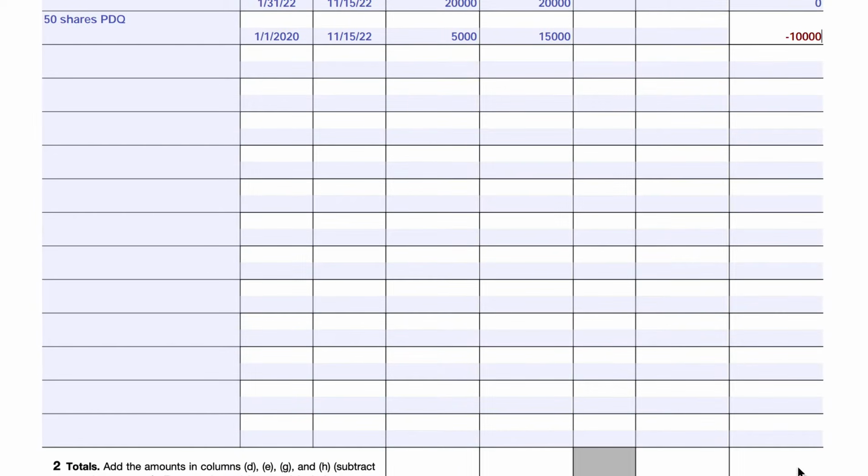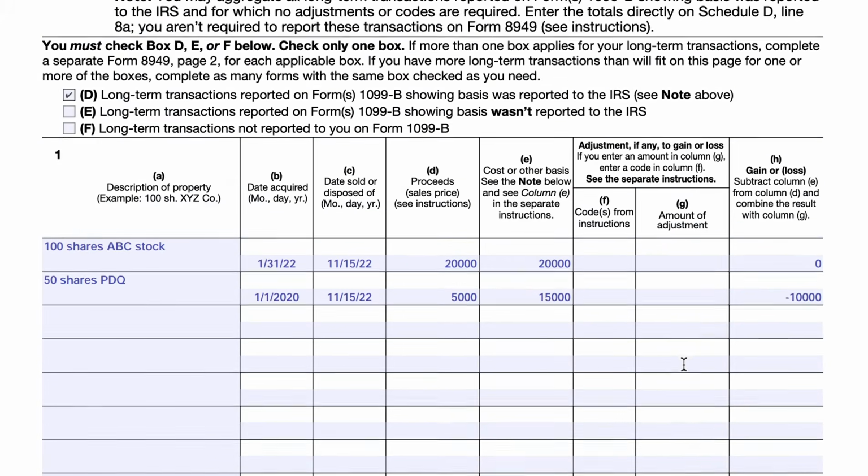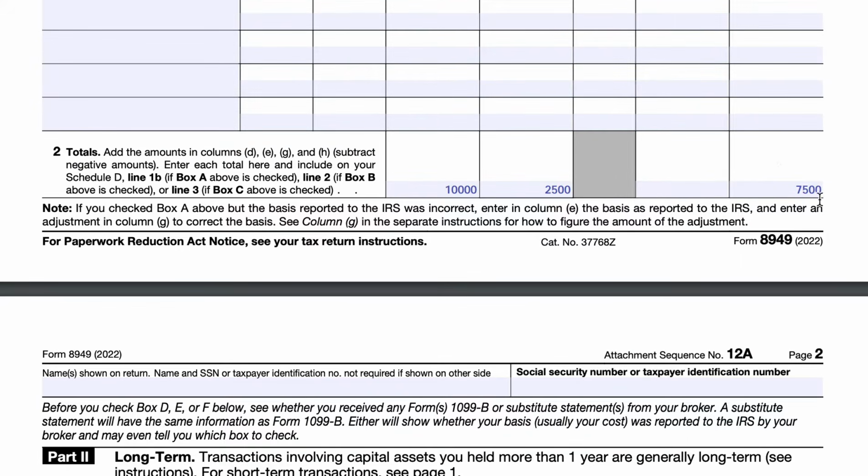You bring that all the way down, and you end up having a capital loss of $10,000 that then nets against your $7,500 short-term capital gain, and that leaves you with a capital loss of $2,500 that you would then carry onto your Schedule D.